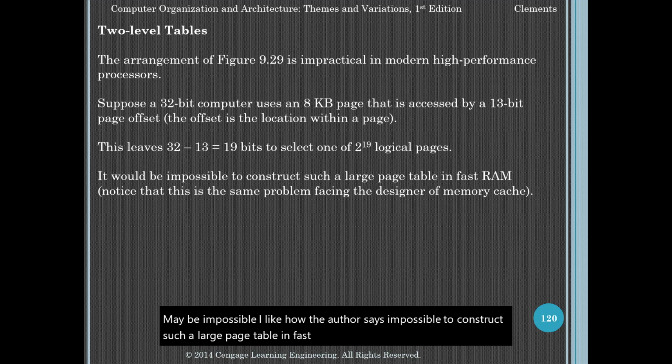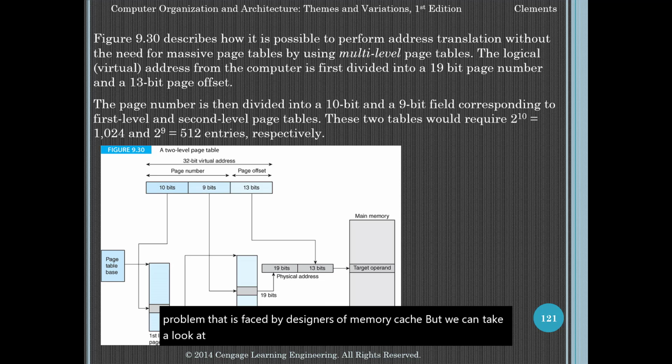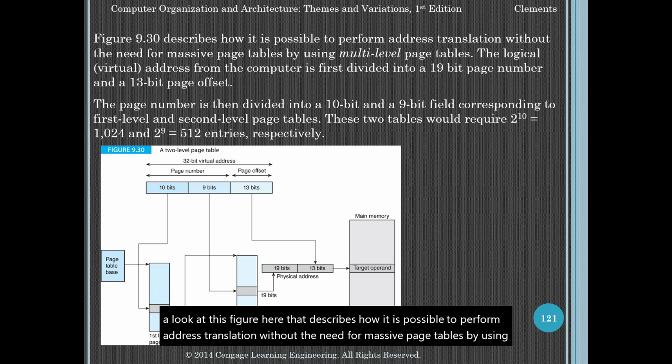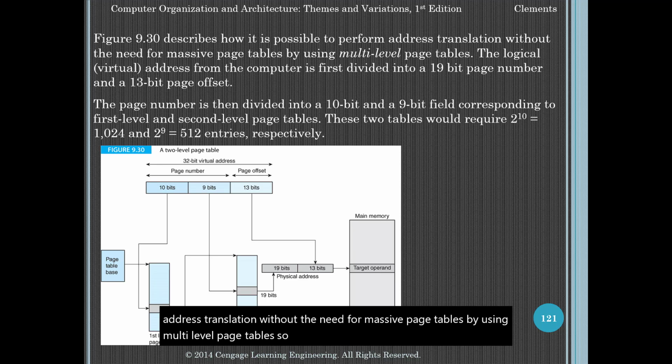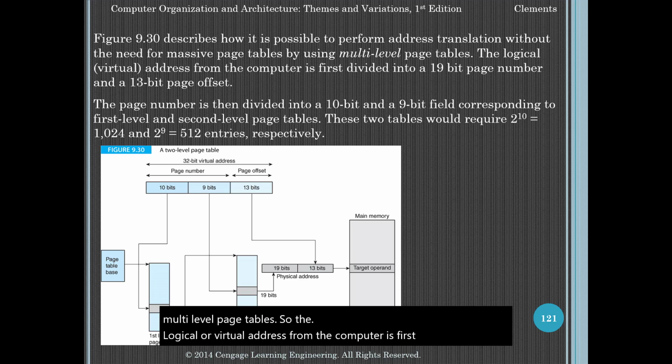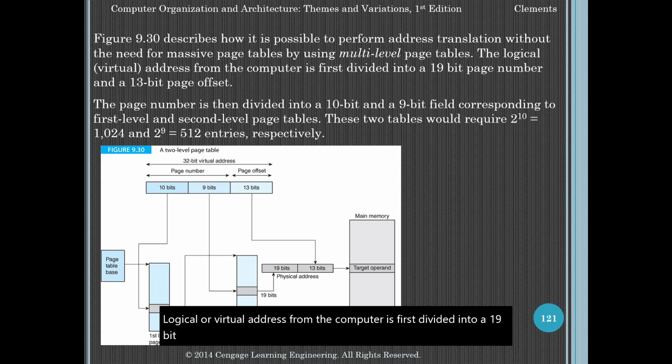This is basically the same problem that is faced by designers of memory cache, but we can take a look at this figure that describes how it is possible to perform address translation without the need for massive page tables by using multi-level page tables. The logical or virtual address from the computer is first divided into a 19-bit page number and a 13-bit offset.